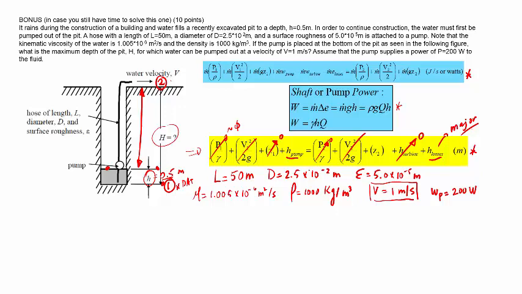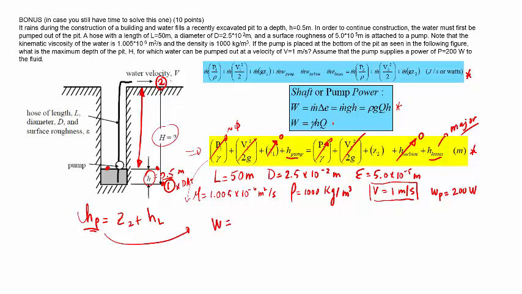So whenever I then write this expression, what I have is that H for the pump is going to be equal to Z2 plus HL. Now, the head for the pump is, in this case, it's in meters, so I have to do the conversion.